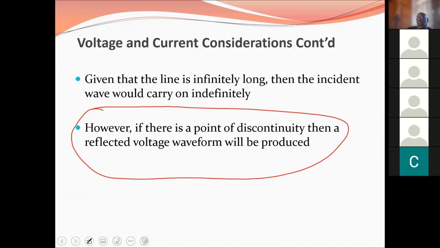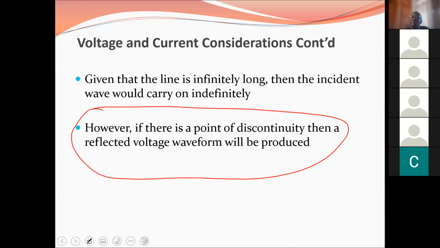We can also connect to another line via the substation again. So the point of discontinuity can be a load, can be another line, can be a cable, all right?